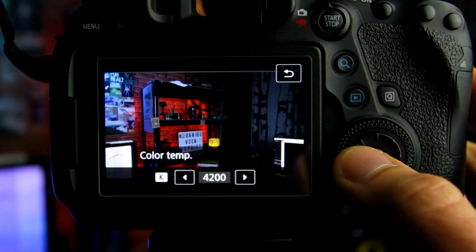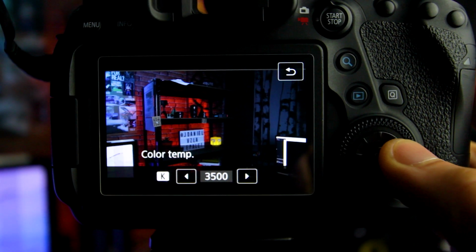Sometimes indoors, if you have a light, what professionals do is match the white balance temperature with the light you have. Normally they use daylight, around 5600 or 5200. These are the normal white balances they use for lighting indoors when you want pure white light.